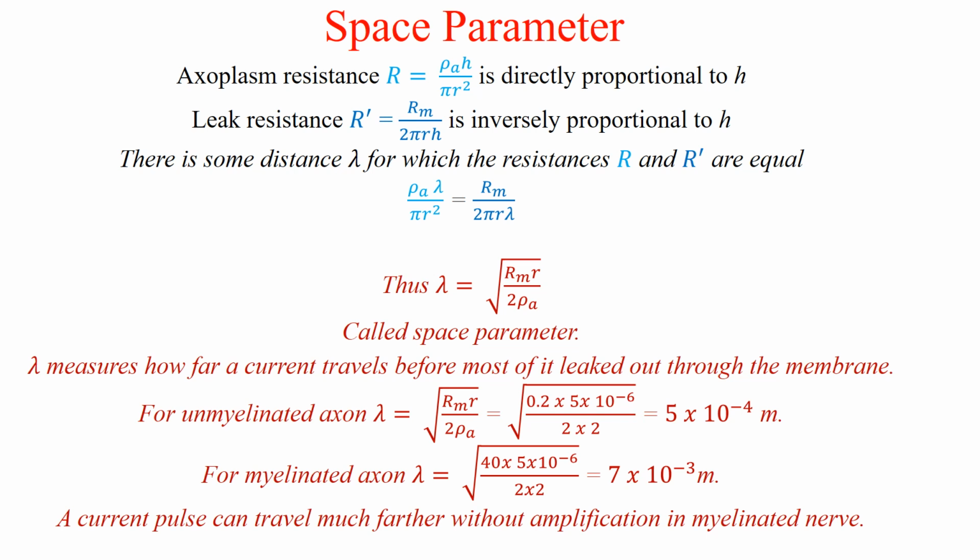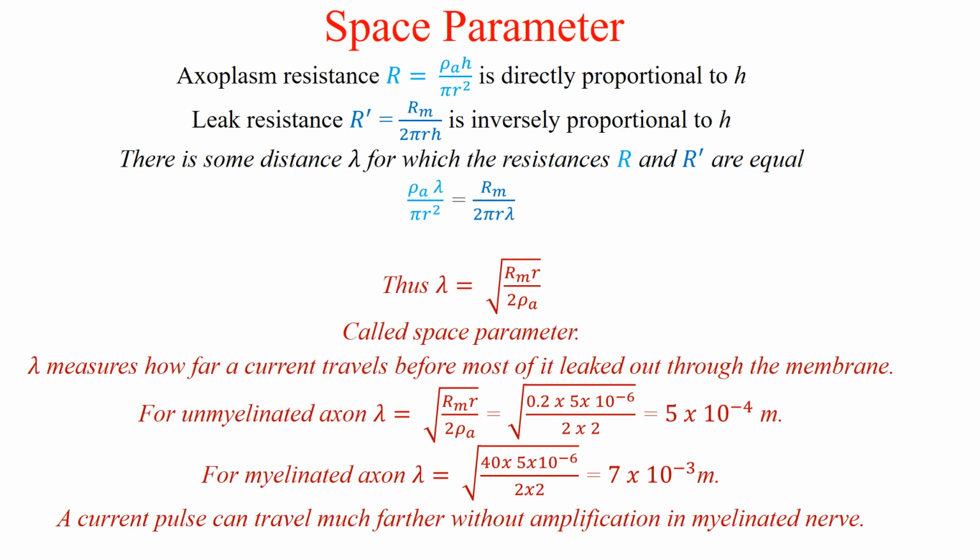This means that the nerve impulse travels only 0.5 millimeter in the unmyelinated axon before it leaks out through the membrane to the surrounding interstitial fluid. This is why every 0.5 millimeter this nerve impulse should be amplified to survive and to continue traveling through the axoplasm until it reaches the targeted organ.